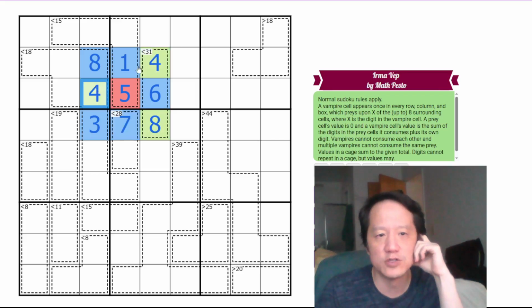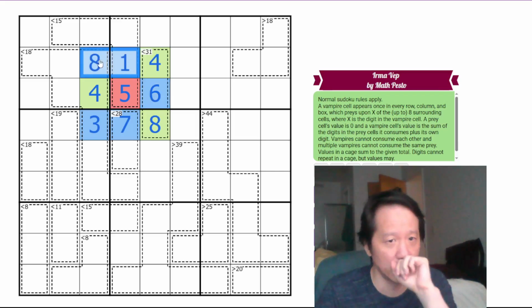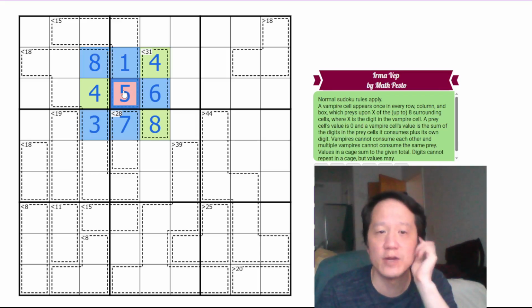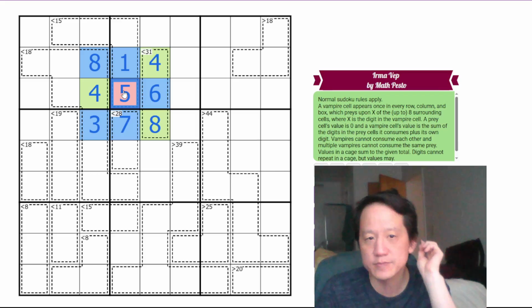The green cells would be the value of the digit in its cage, which would be 4 and 8 respectively. And the value of the vampire cell would be 5 plus the digits it preys upon, which are 8, 1, 6, 7, and 3. So that would be 15, 21 plus 9, which would be 30. So the value of the vampire cell in this case would be 30.